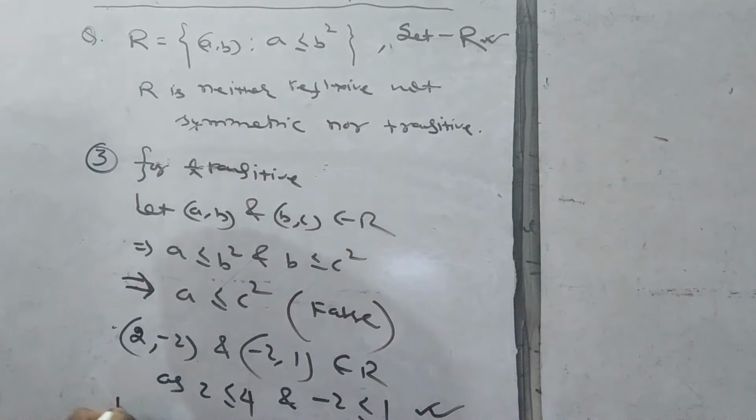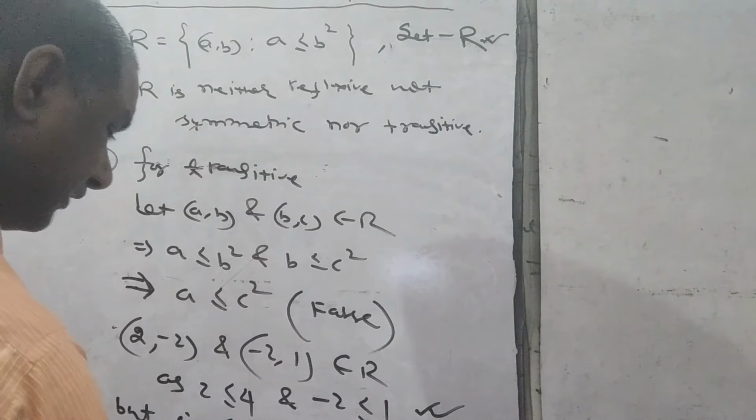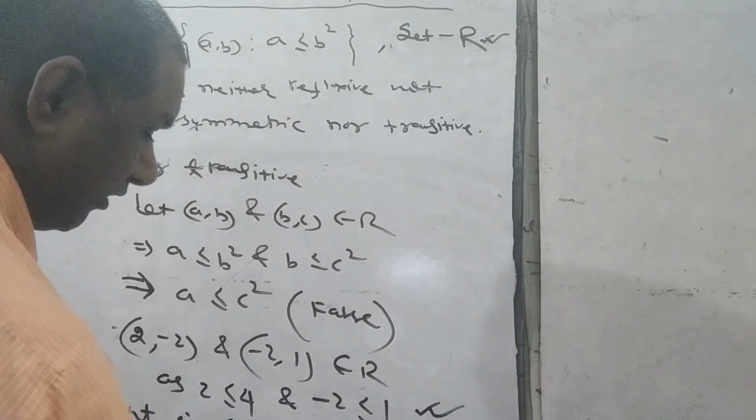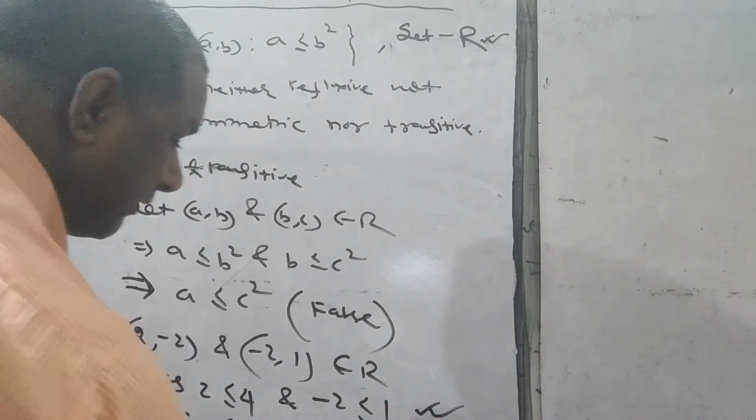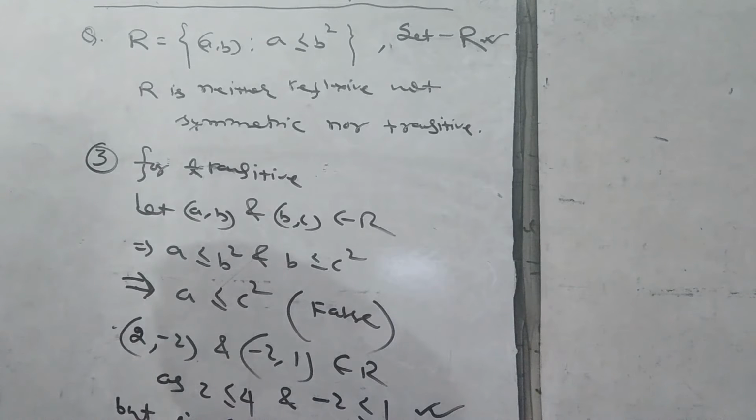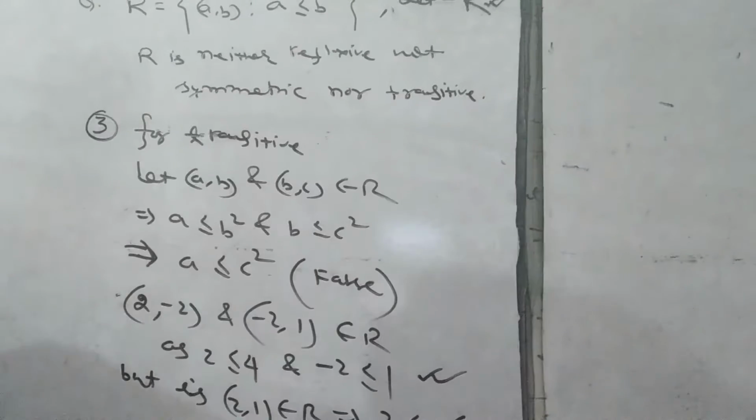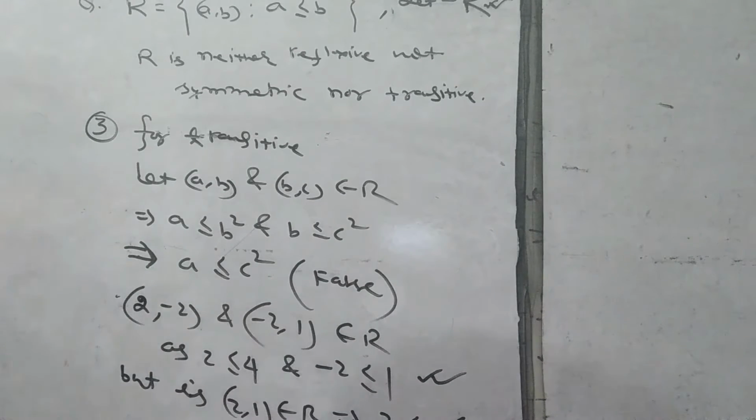But does (2, 1) belong to R? This implies 2 is less than or equal to 1, which is false. Therefore R is not transitive. So in this way you can prove that this relation cannot be reflexive, symmetric or transitive. You have to provide the example with the necessary steps.